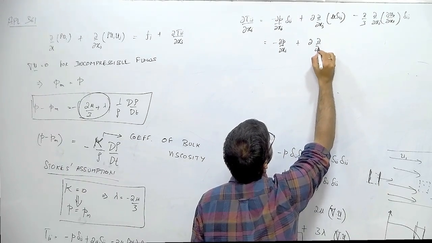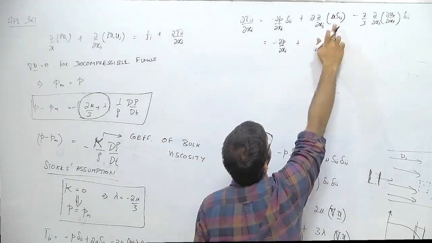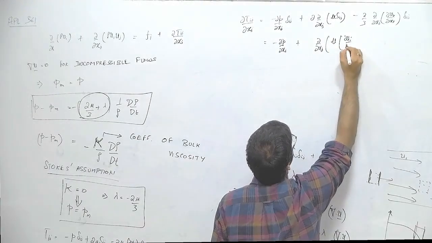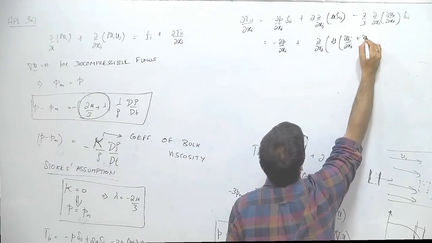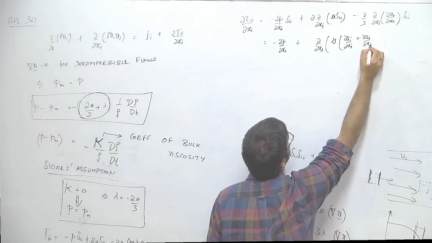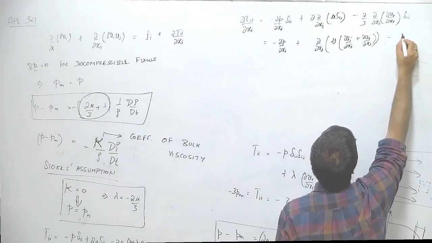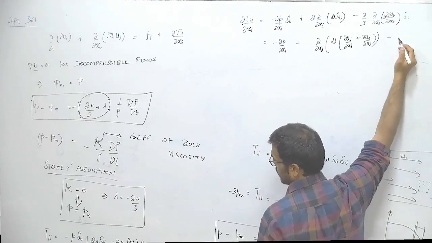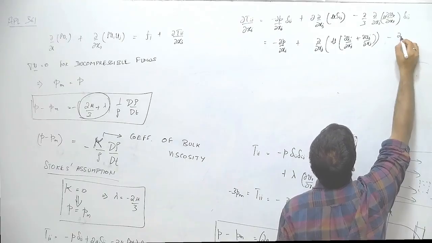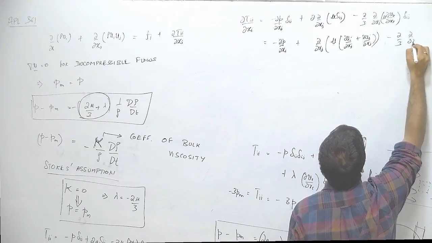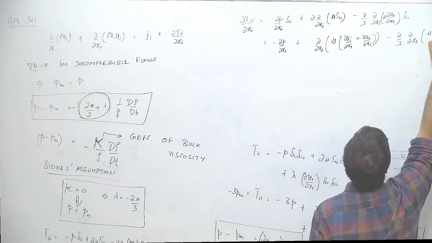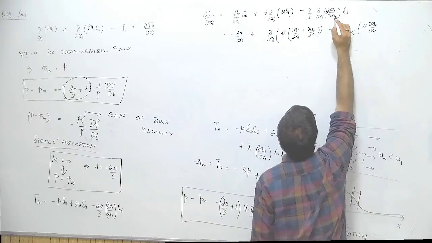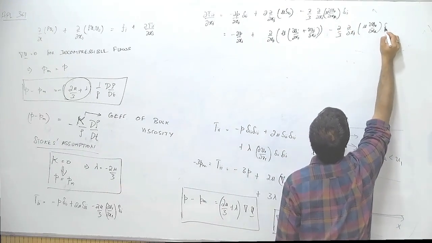This is 2 times del by del Xj. So let's write what this Sij is going to be. This is mu times del Ui over del Xj plus del Uj over del Xi, minus 2 by 3 del by del Xj mu del Uk over del Xk delta ij.